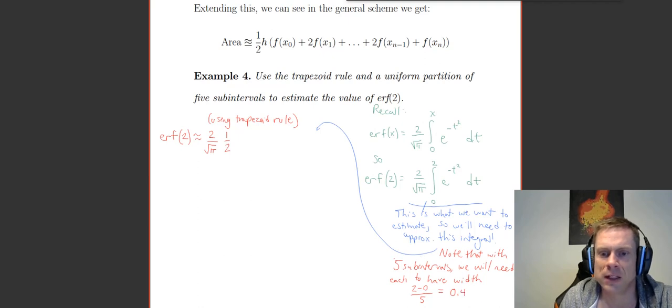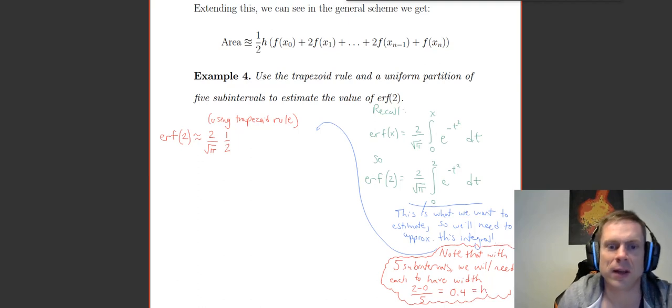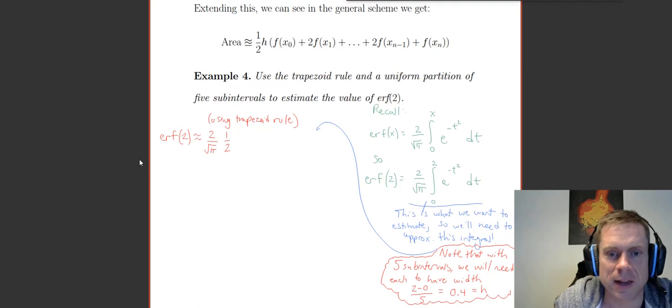Okay, so I'll put that in a little bit of a cloud down here. That's going to be our value of h going forward. And that's what I'm going to use back up here in my calculation.